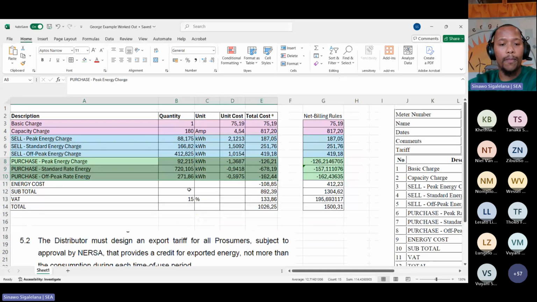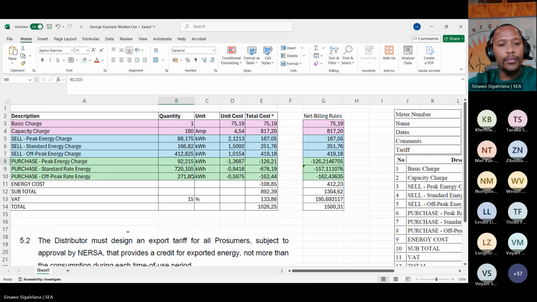So for this customer, for the peak it is 92. For the standard, 720 kilowatt hours, and 271, right? Kilowatt hours is sent back to the distribution grid. So these are the export credits. So this is what Zibu will be showing tomorrow how to design.